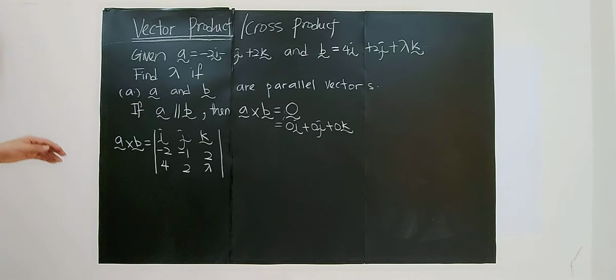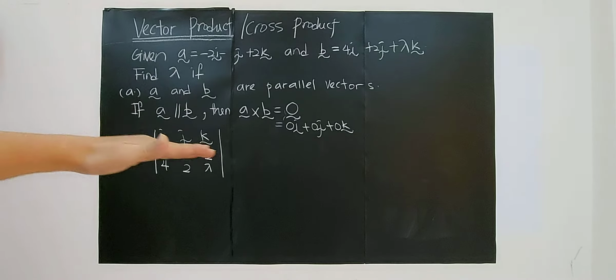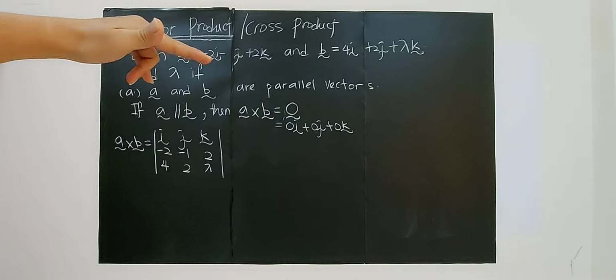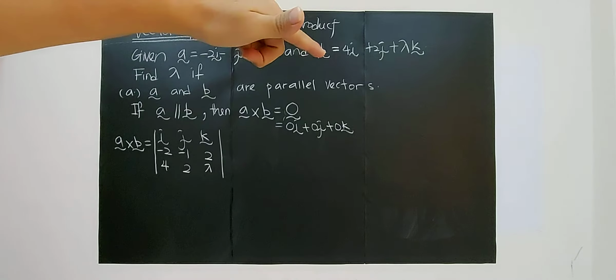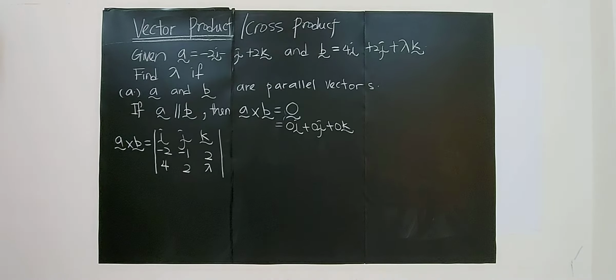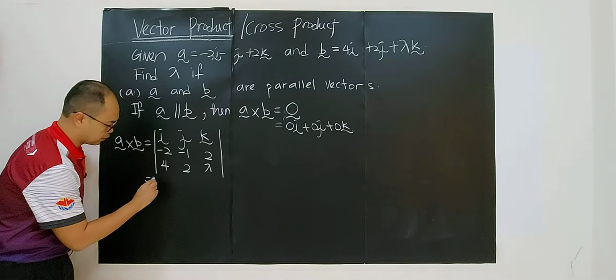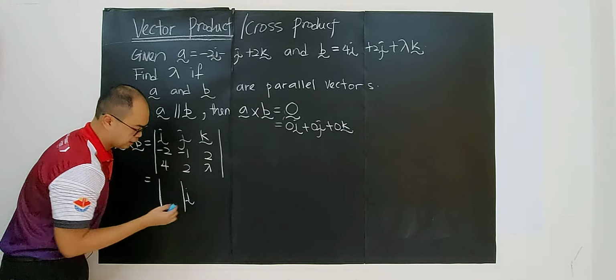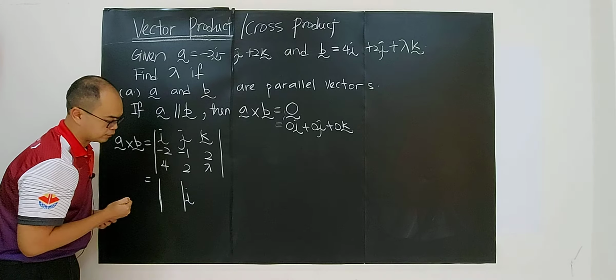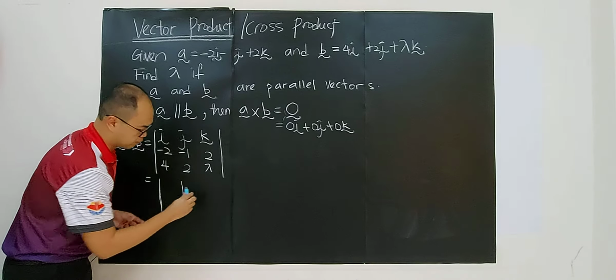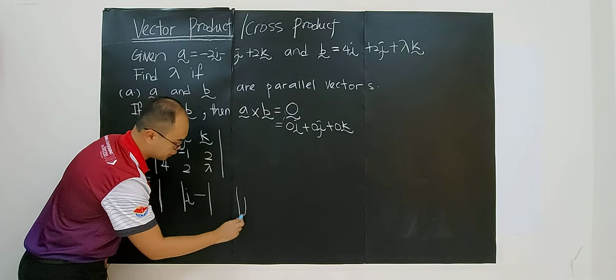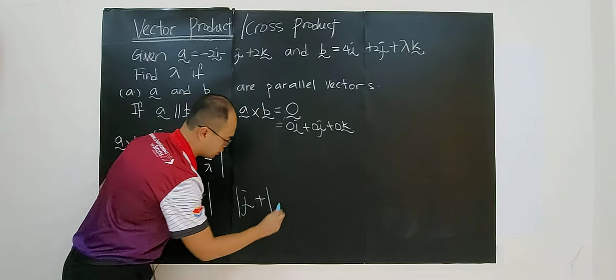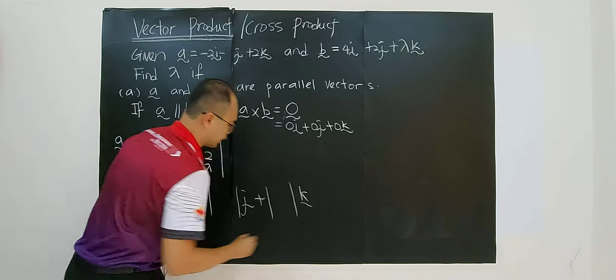I use the normal way of finding the determinant, which is i, minus j, plus the minor of k.